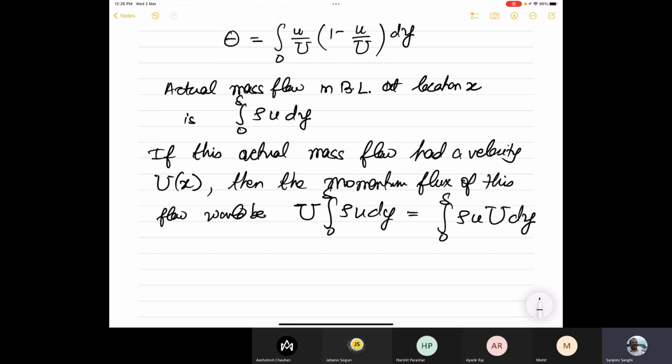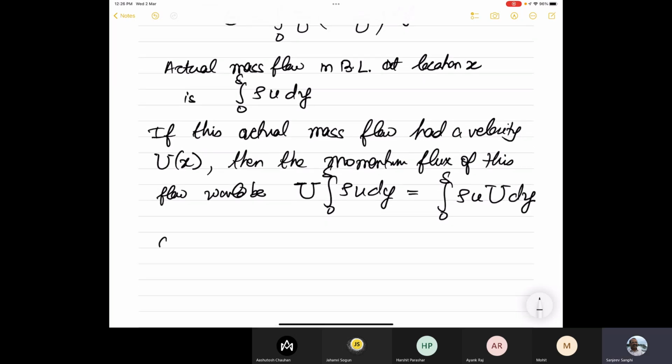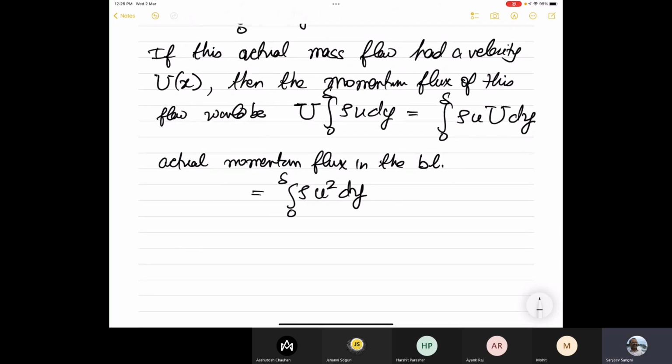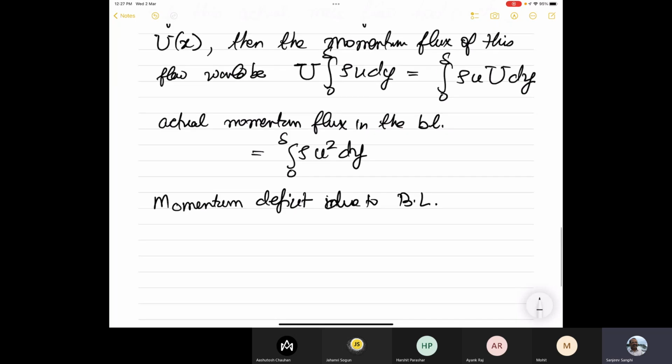So this is the momentum flux if the actual mass flow had the velocity of the ideal flow. And the actual momentum flux in the boundary layer is the integral from 0 to delta of rho small u square dy. So once again, as before, we say that there is a momentum deficit due to the boundary layer, just a way of thinking.